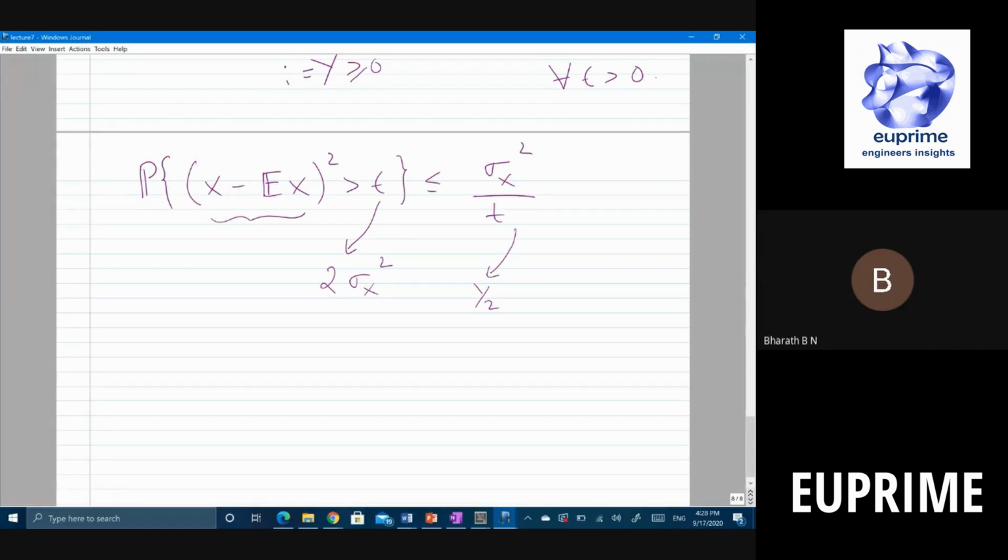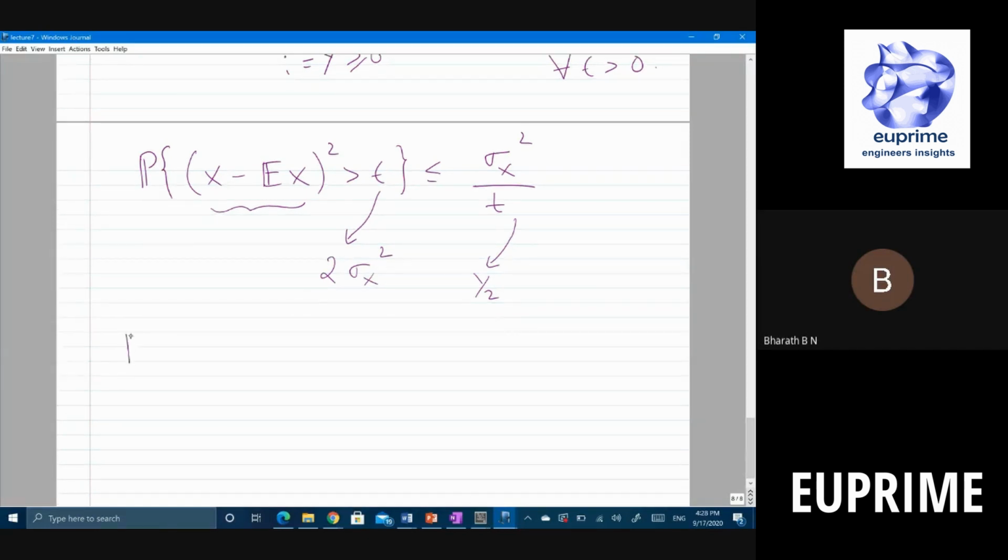Okay, so before this, I'll just write it in a slightly different fashion. I'll take the absolute value. Okay, so this gives me the true deviation, right? This gives me the deviation of x from the mean, the absolute deviation being more than t.